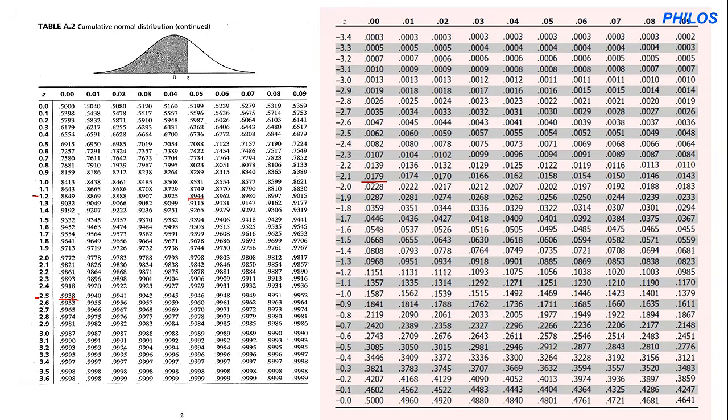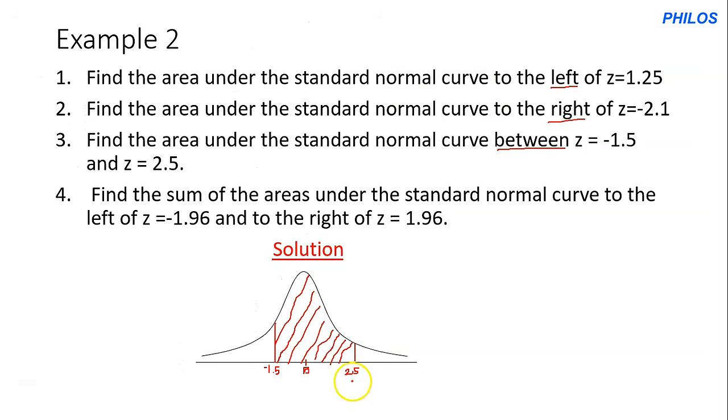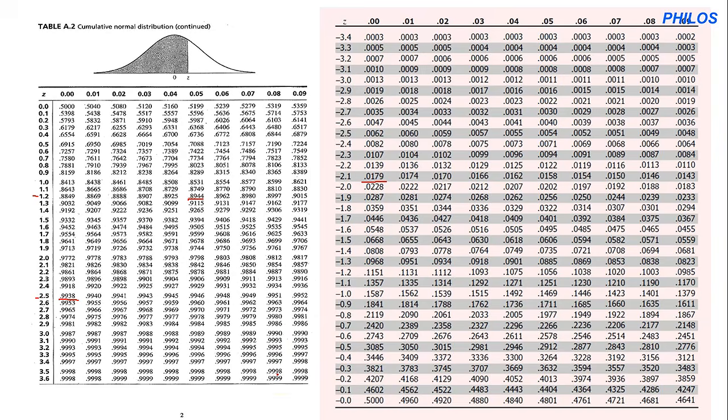Remember, you check a positive z-score on a positive z table, so it means area to the left. Okay, so this positive 2.5 to the left is 0.9938.